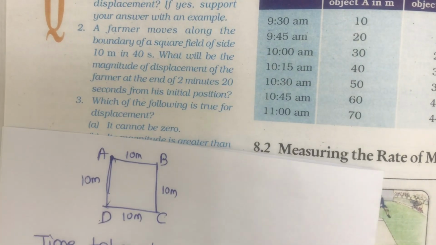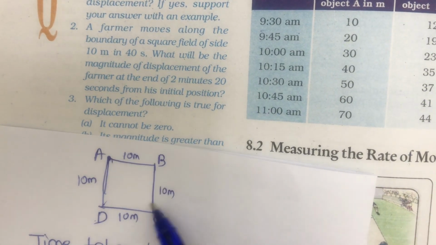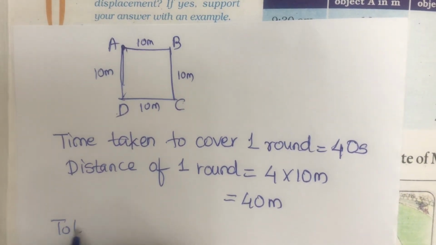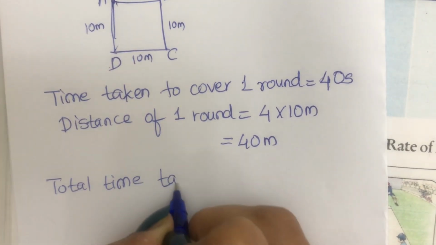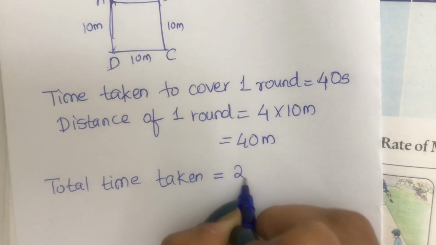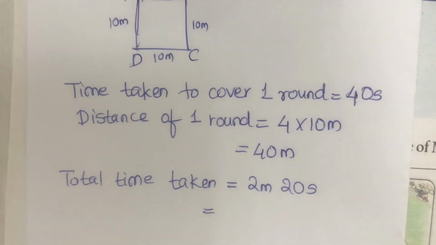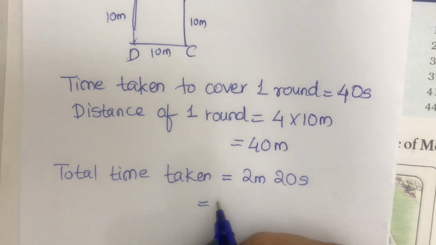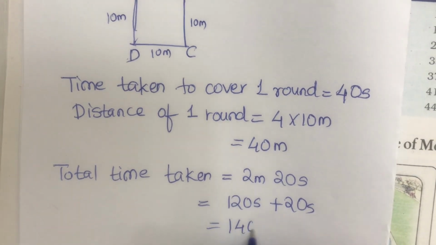And now what is said, what will be the magnitude of displacement of the farmer at the end of 2 minutes 20 seconds? First, the total time taken is 2 minutes 20 seconds. So we have to convert minutes to seconds. 2 minutes is 2 into 60 seconds, that is 120 seconds, plus 20 seconds is equal to 140 seconds.